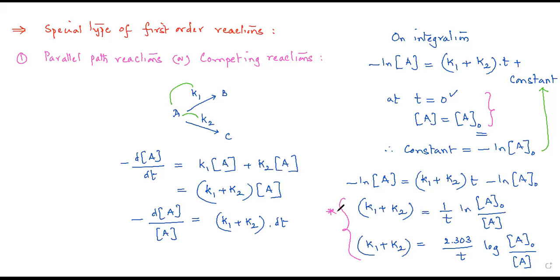Now, let me give you some more information pertaining to this. If suppose we want to calculate the percentage yield of B, it can be given as K1 by K1 plus K2.